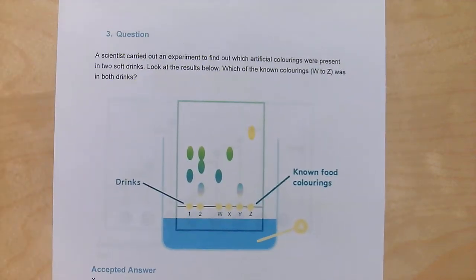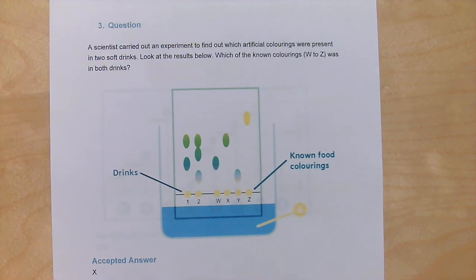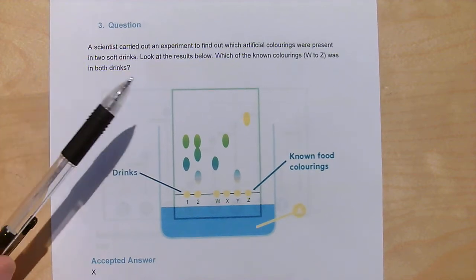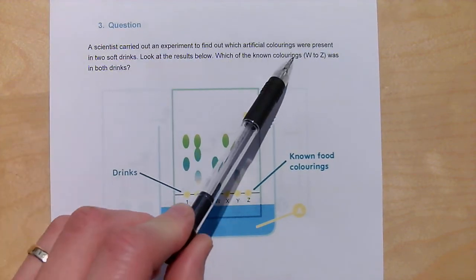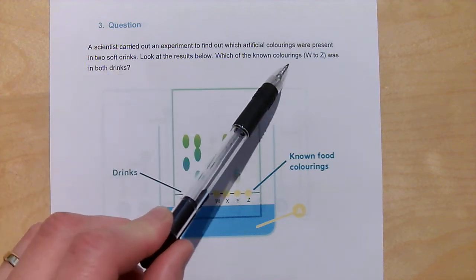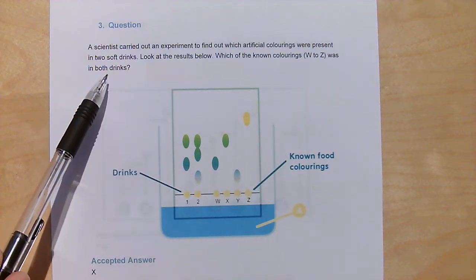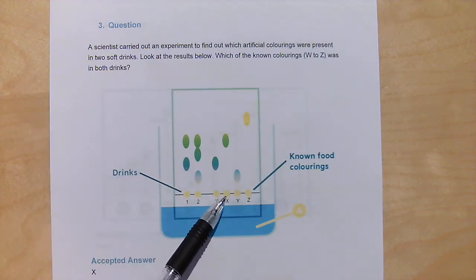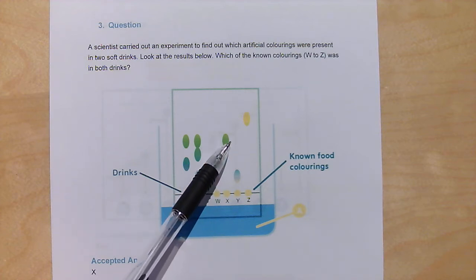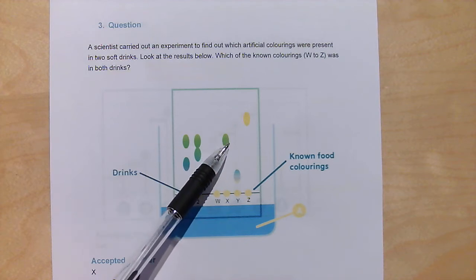Okay, the third question then. A scientist carried out an experiment to find out which artificial colourings were present in 2 soft drinks. Look at the results below. Which of the known colourings W to Z was present in both drinks? Okay, so X, the food colouring X moved that far up the chromatography paper.